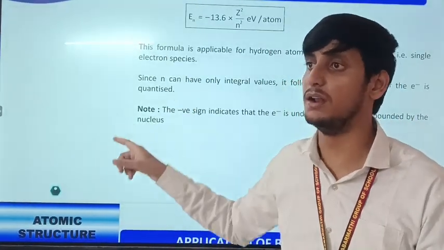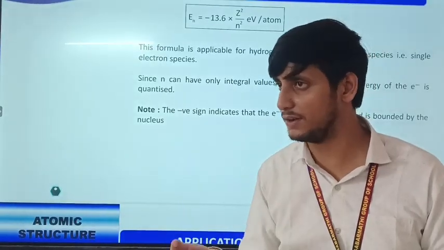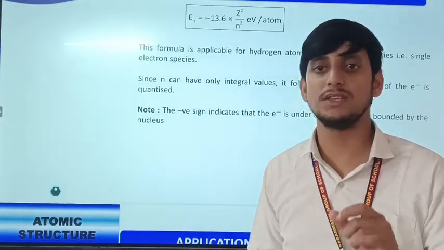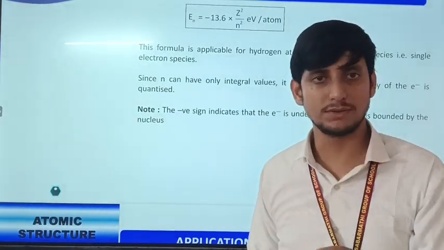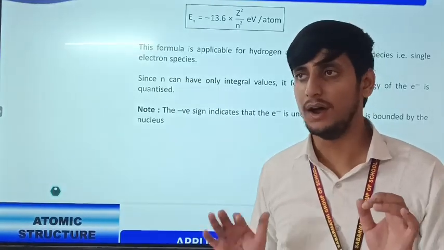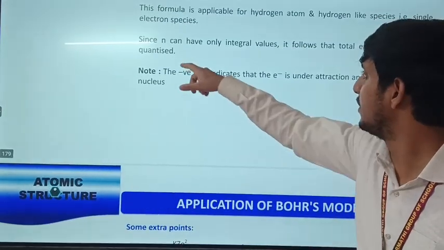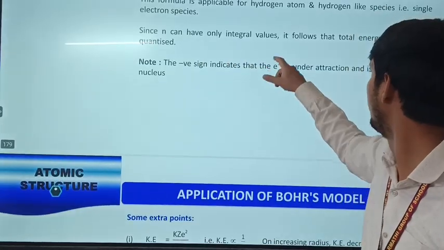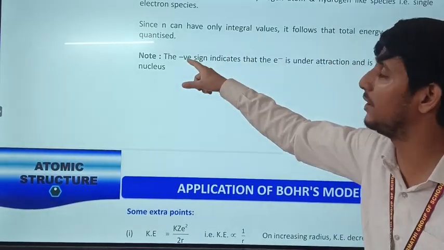Bohr's atomic model is based on classical laws of physics and is applicable only for single electron species. Since n can have only integral values, it follows that the total energy of the electron is quantized.